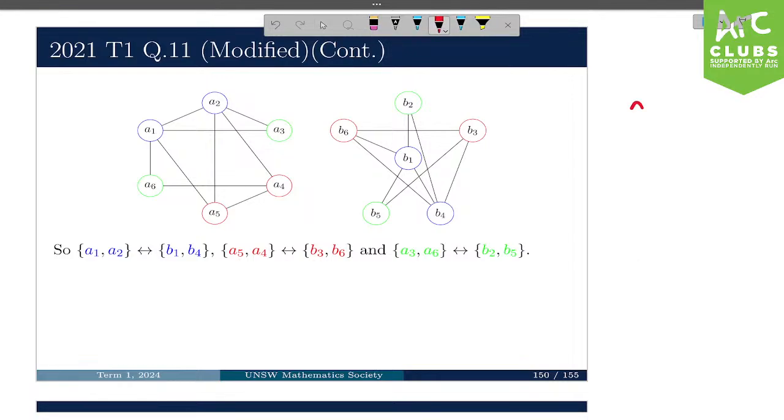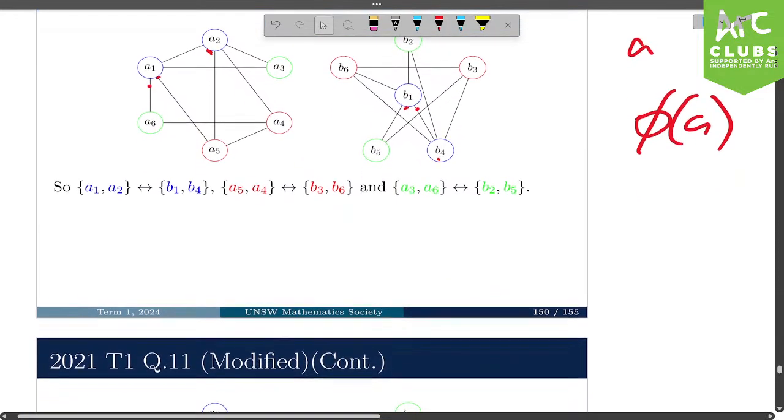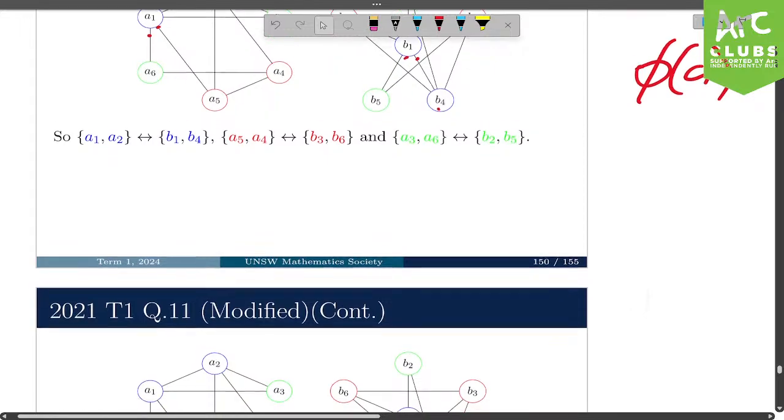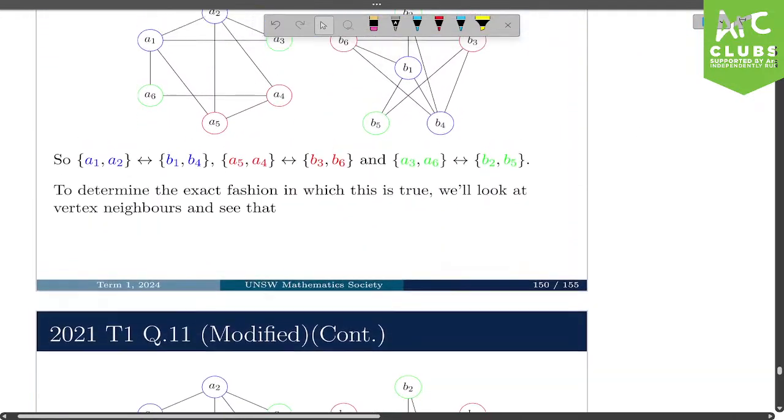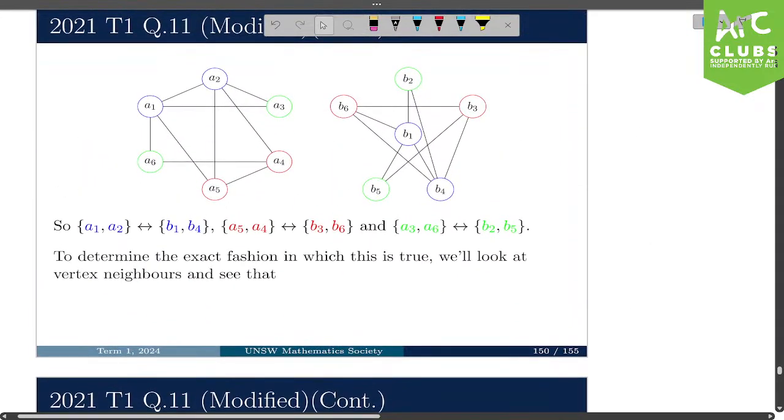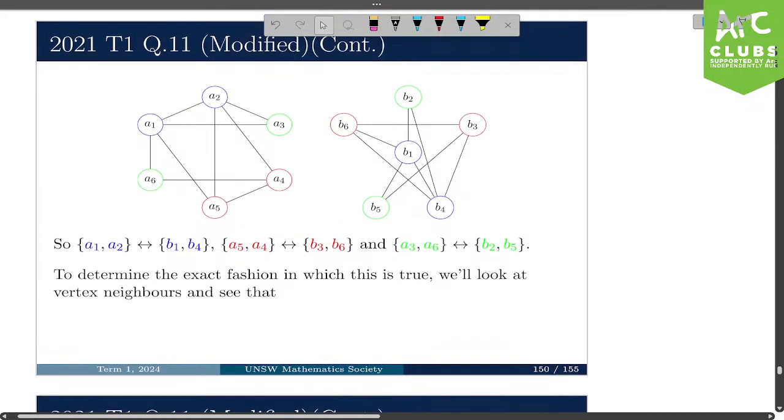So the vertex degree of A must be the same as phi of A if they're isomorphic. Hopefully that makes sense why. So A1 can map to B1, or A1 could map to B4. And similarly, A2 could be mapped to B1 or B4, right? Either could work, theoretically. And similarly with the degree 3 and degree 2 vertices. But we can now narrow down our results to determine exactly which one is true by looking at the vertex neighbors.